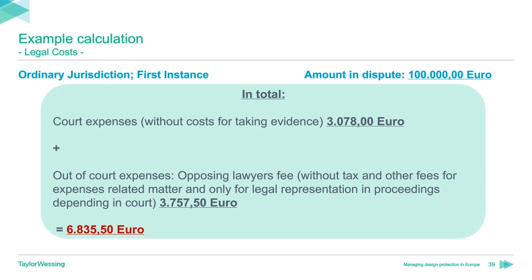And for the legal representation in proceedings in the court will be €3,757. So the costs for the other party and the court expenses in case you lose the case will be approximately €7,000. So this is an amount of money you can calculate with, and you can make a proper risk assessment of how much the whole thing will be.